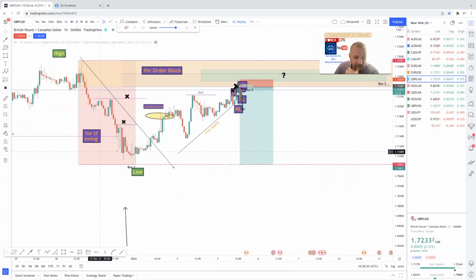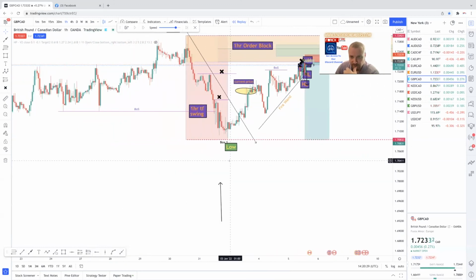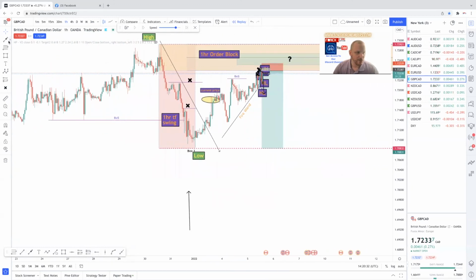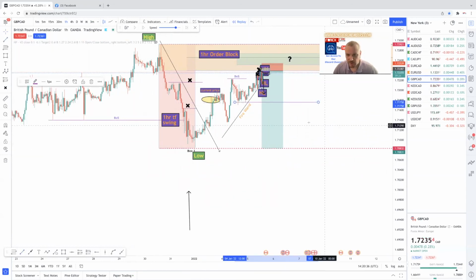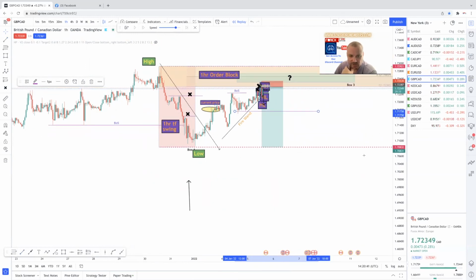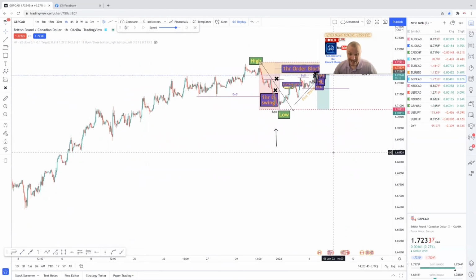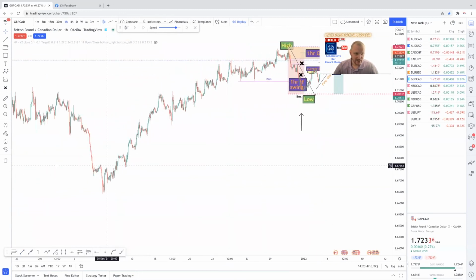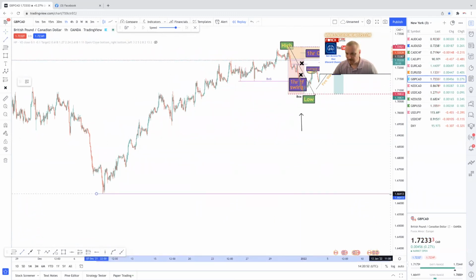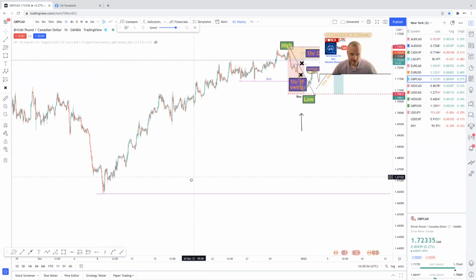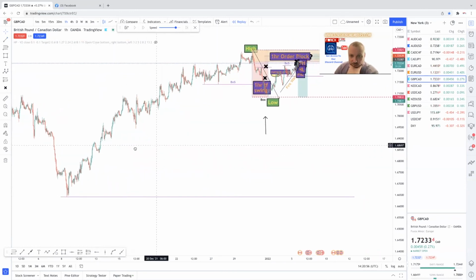And again, this is where we are targeting for now. But when you go so far down, when you get to structure points, you can always say move to break even or take a partial. You do that, let the risk run free. And then what you've got potentially is the move going all the way down to here, because that is one big drive on the upside.